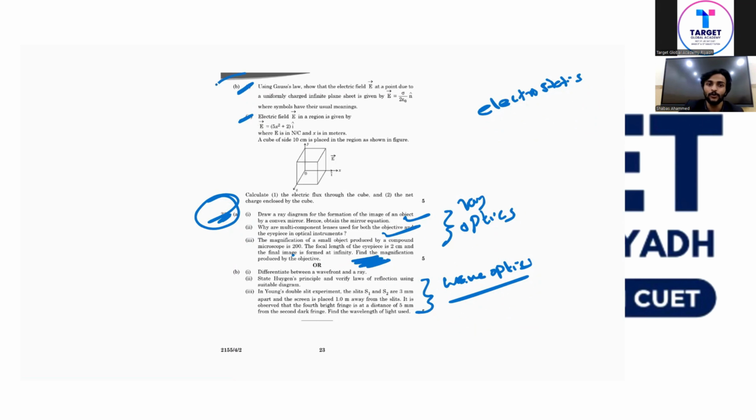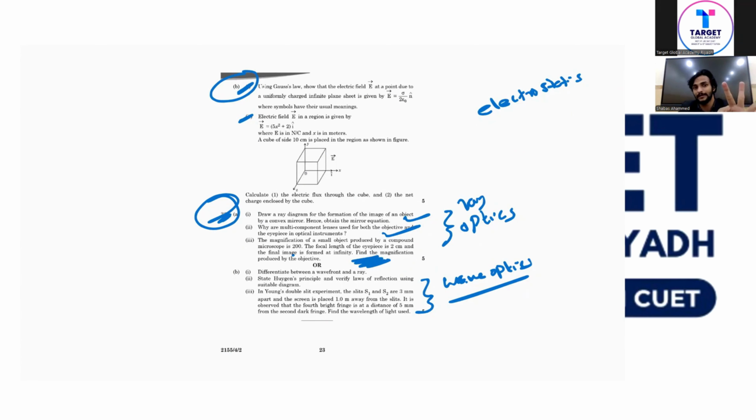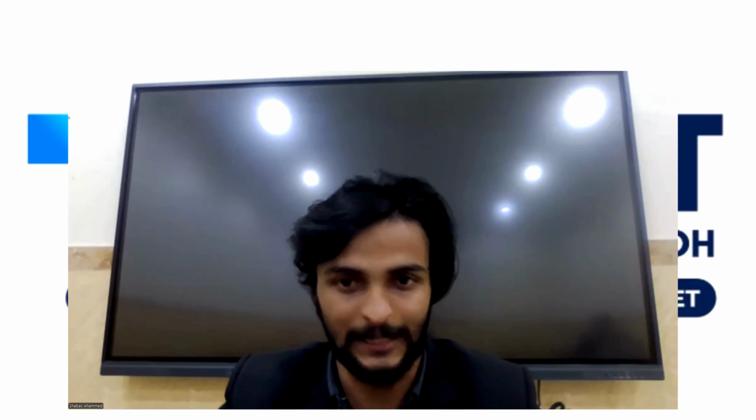Also a question from electrostatics, current electricity, or the 4th chapter, moving charges and magnetism. Section E will have a question from the 1st chapter, the 2nd chapter, or the 4th chapter. Understood? These chapters are very important for section E, as well as the optics chapters, wave optics and ray optics.